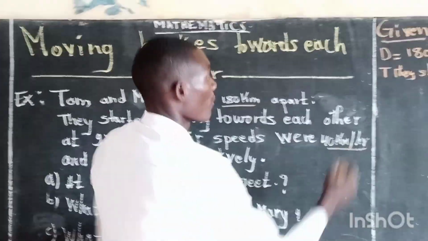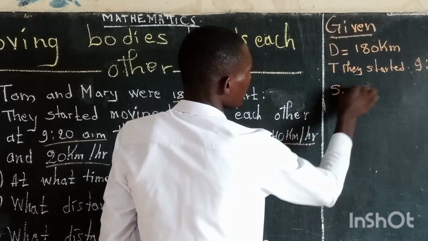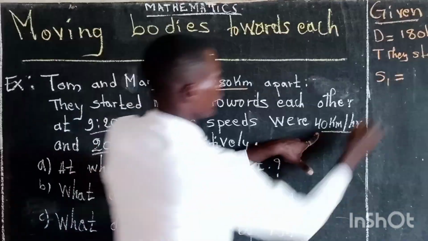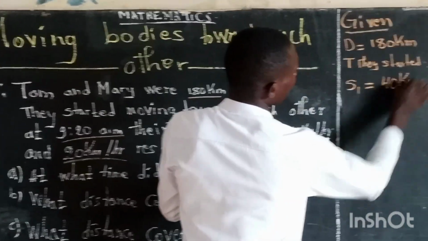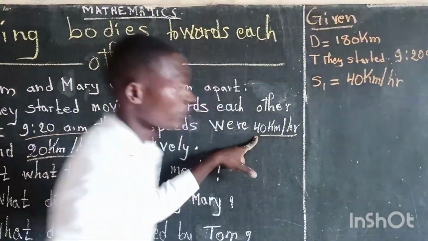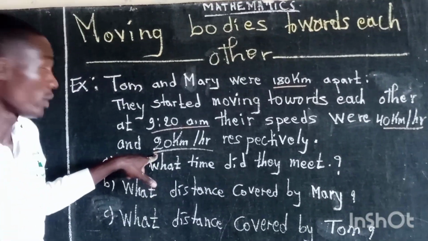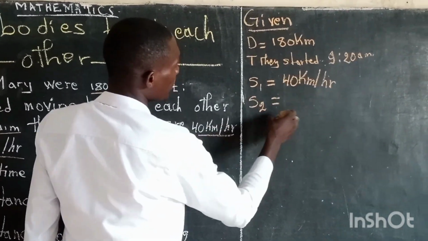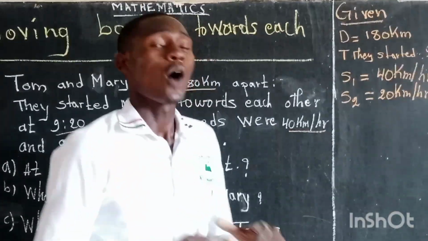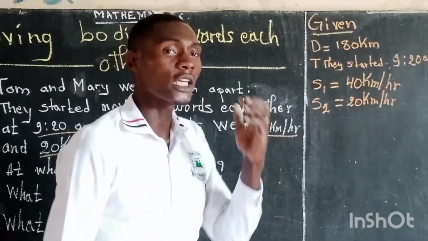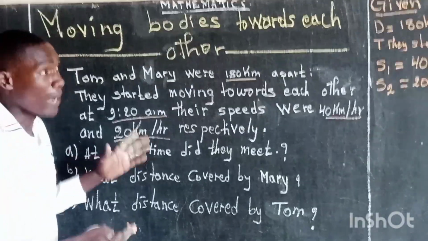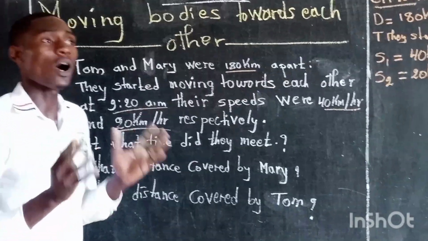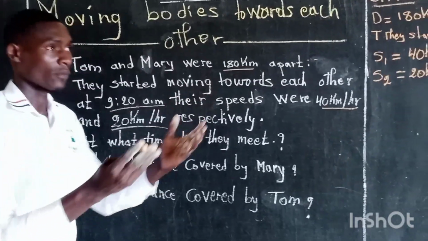So the first speed is 40 kilometers per hour, and the second speed is 20 kilometers per hour. Very nice. From here, we first have to think about our question by drawing our journey.